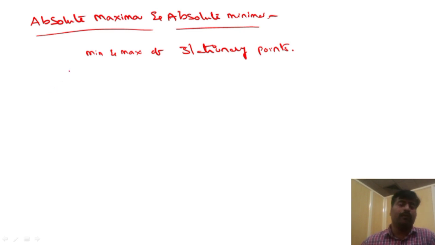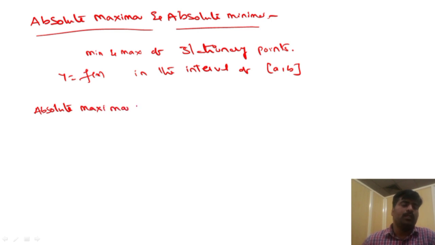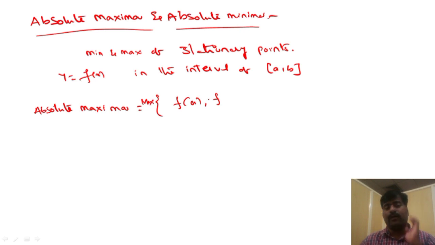Also, if you want to verify the maxima and minima of f of x in the interval a comma b, then the absolute maxima is the maximum of f of a, f of b, and the values at the stationary points. The maximum of these gives the absolute maximum.